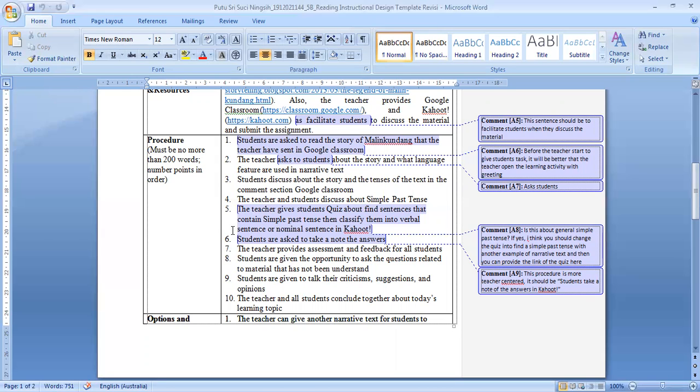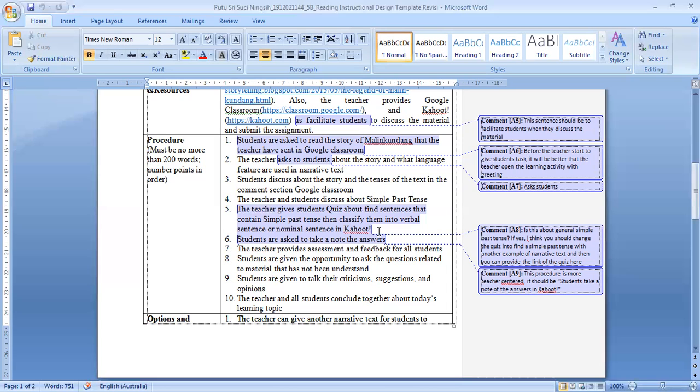Next, we will have the fifth learning procedure. The teacher gives students a quiz about finding sentences that contain simple past tense, then classifying them into verbal sentence or nominal sentence in Kahoot. Before that, I would like to ask Suci about this procedure.